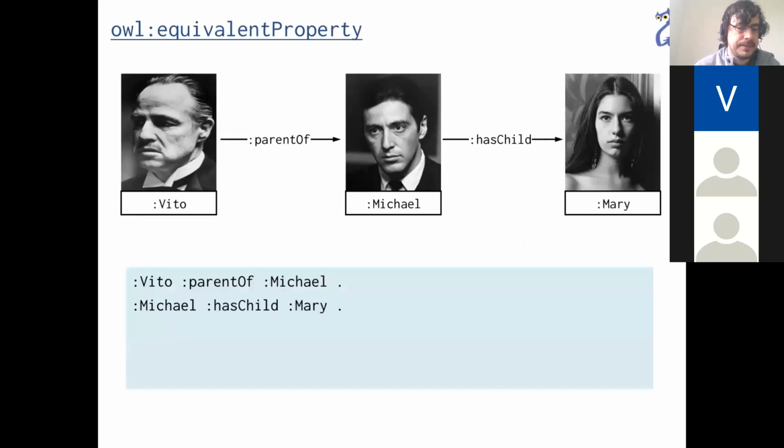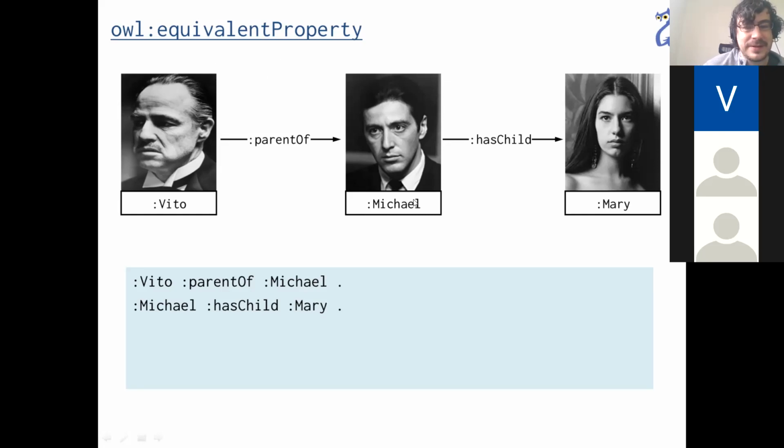Okay, the first property axiom that we're going to see in OWL is pretty intuitive. Most of the property axioms are fairly intuitive, although there's a lot of them to remember. The first is equivalent property, which is essentially like a bidirectional subproperty of.